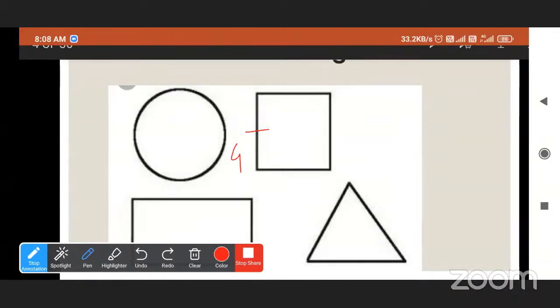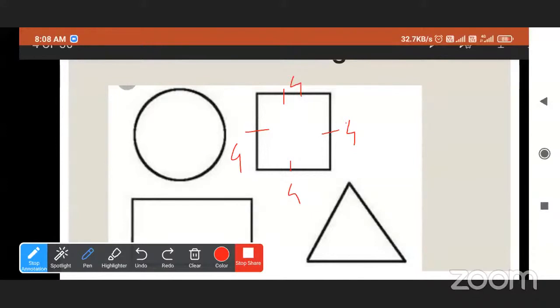See, all the sides of a square are equal, 4 equal sides. So how to find the perimeter of the square? Multiply or addition? By adding all sides, we get the perimeter of that figure.